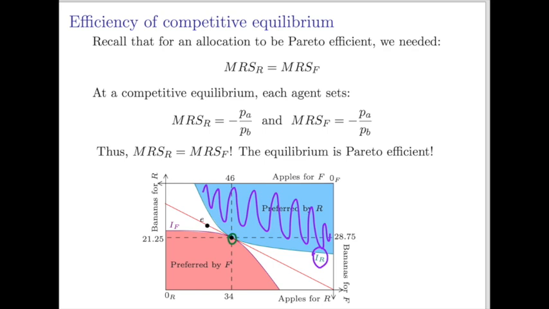The bundles that Friday thinks are better are also above the indifference curve for Friday through that same point. Remember, his indifference curve is flipped over, right? So it's this one here. And so all the things that he thinks are better are down here.